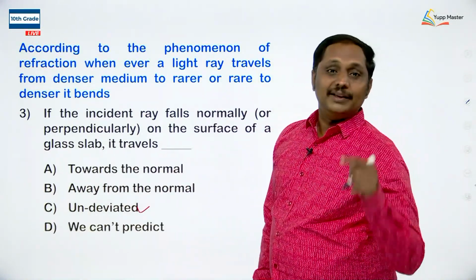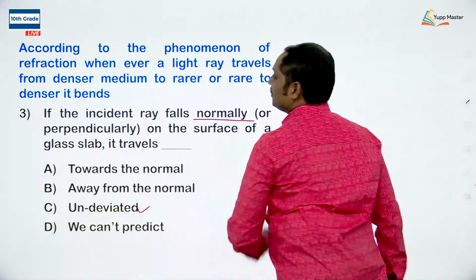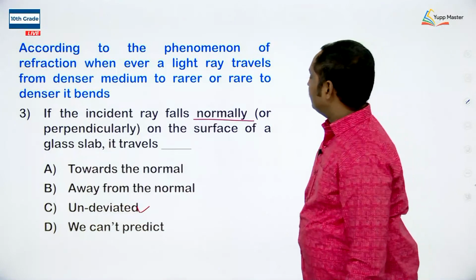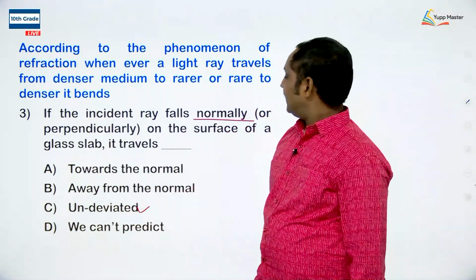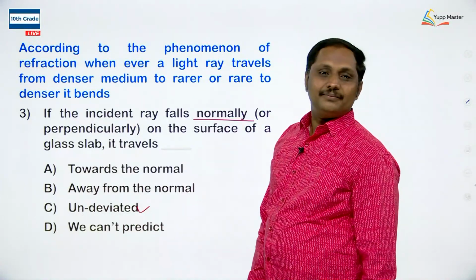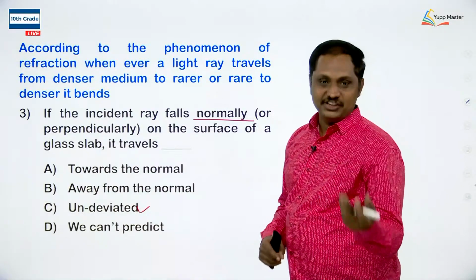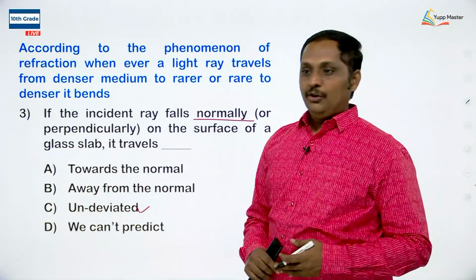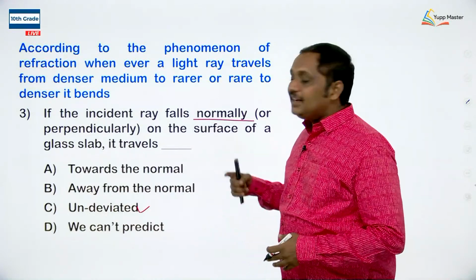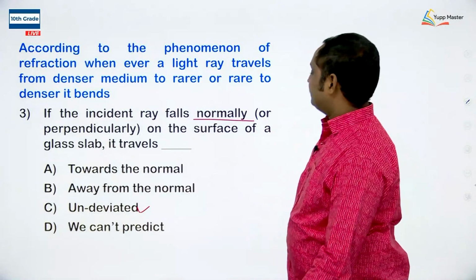It travels in the same path and does not show deviation. There is no angle of refraction, so it is known as an undeviated light ray. Now, that is very clear.